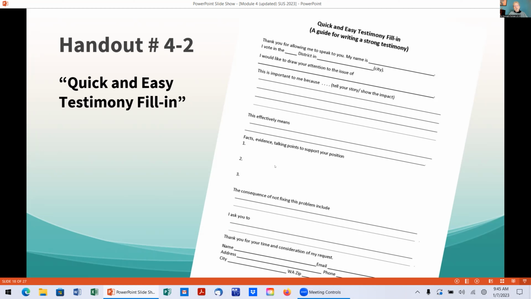So I want you to take a good look at that, because we're going to go into breakout rooms next. And we're going to ask you to think about the middle of this template, the story that you might have about an issue, or the facts and talking points that you might have to support a topic.